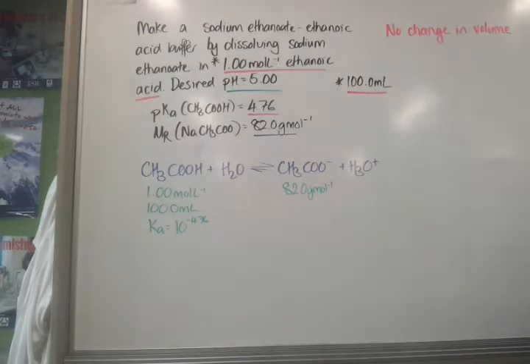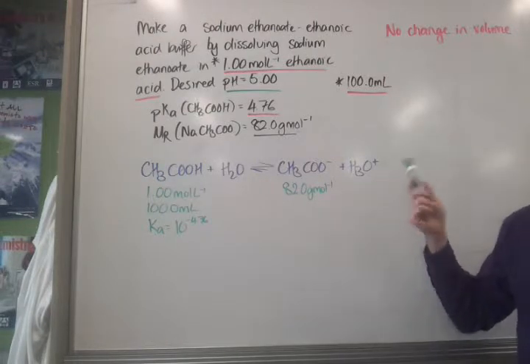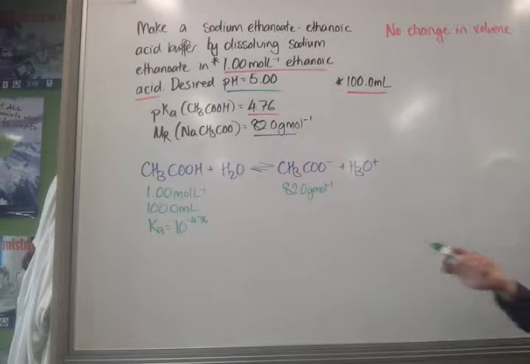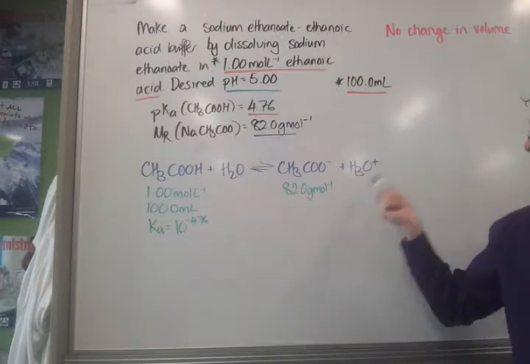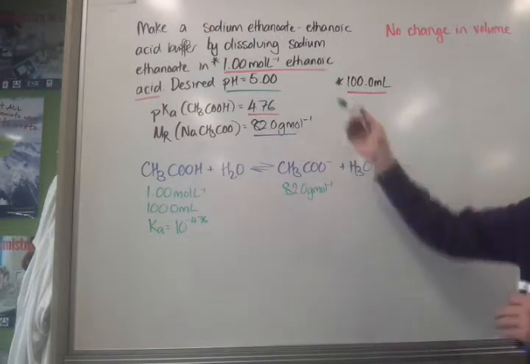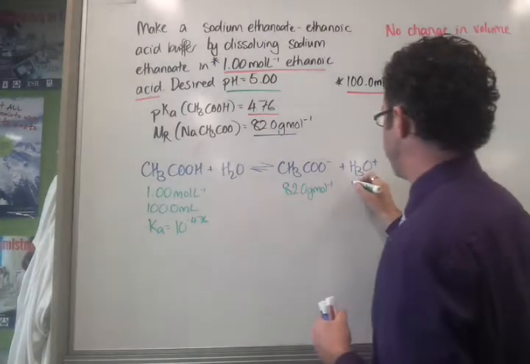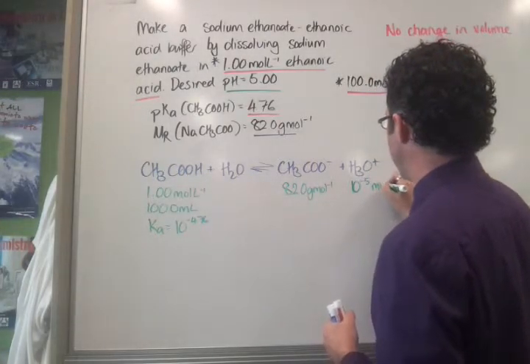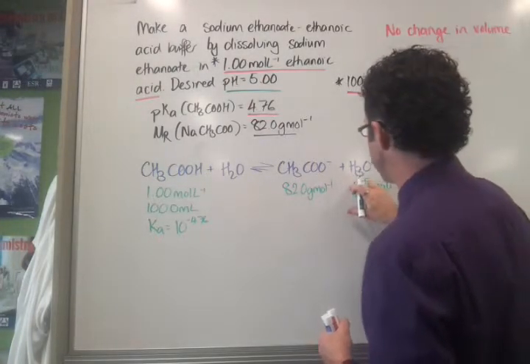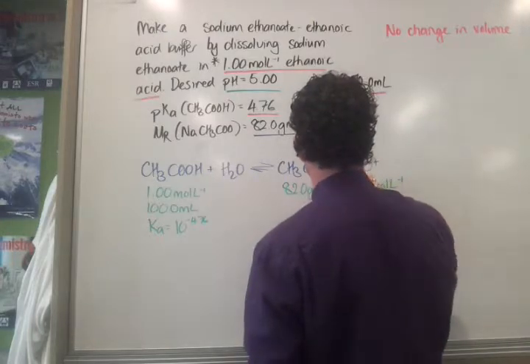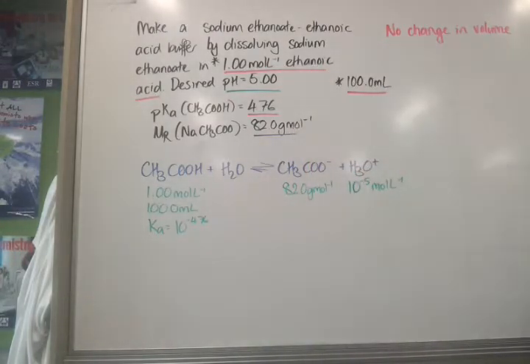Well, I know the relationship between pH and hydronium, so I can do that pretty quickly too. pH is negative log of the hydronium ion concentration, so therefore hydronium is 10 to the negative pH. Well, that's pretty easy for me to write up. That'll be 10 to the negative 5 moles per litre.